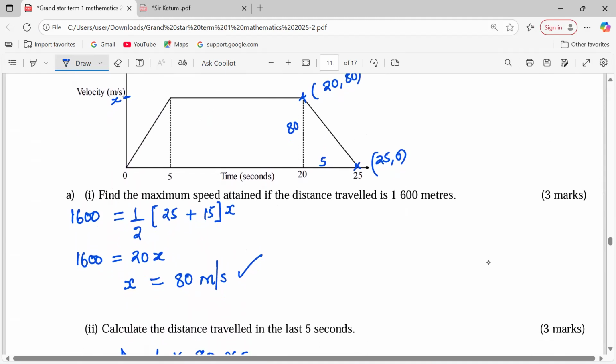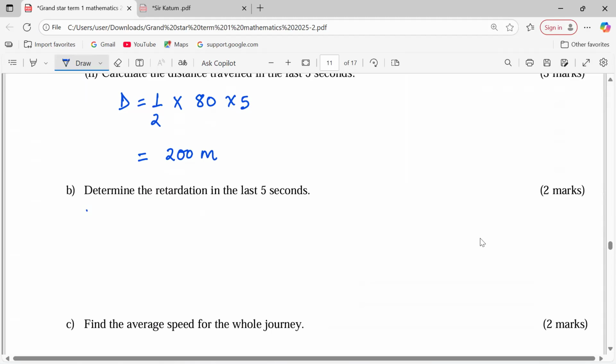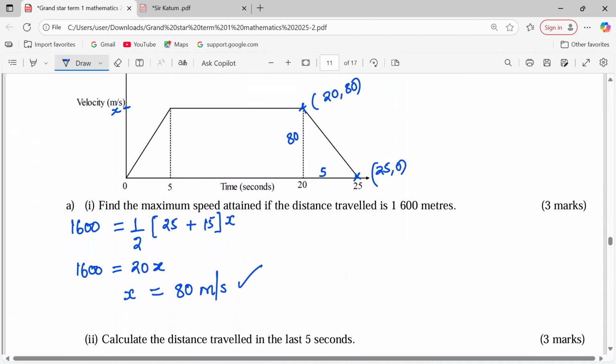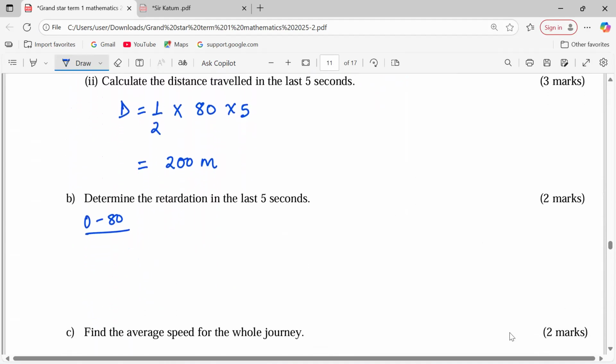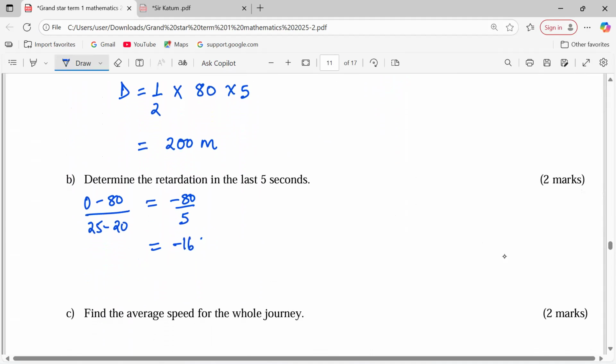The slope will be change in y, 0 minus 80, over change in x, 25 minus 20. This shall be negative 80 over 5, which gives negative 16, meaning negative 16 meters per second squared. That's our acceleration. So a negative acceleration means a deceleration of 16 meters per second squared.